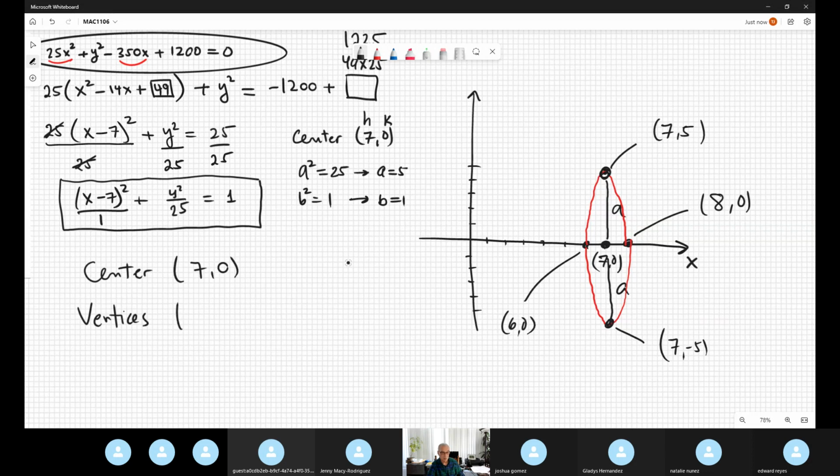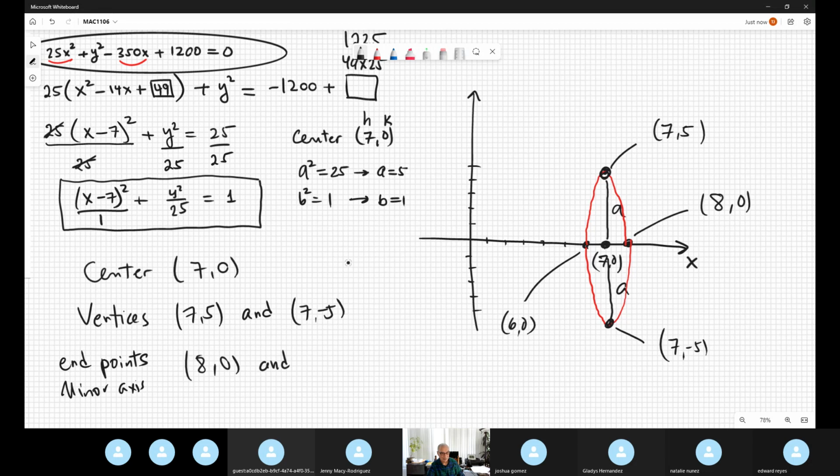So it's 7,5 and 7,-5. And the famous endpoints of the minor axis are the points 8,0 and 6,0.